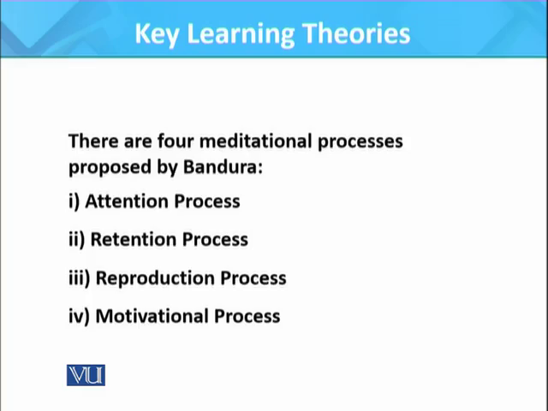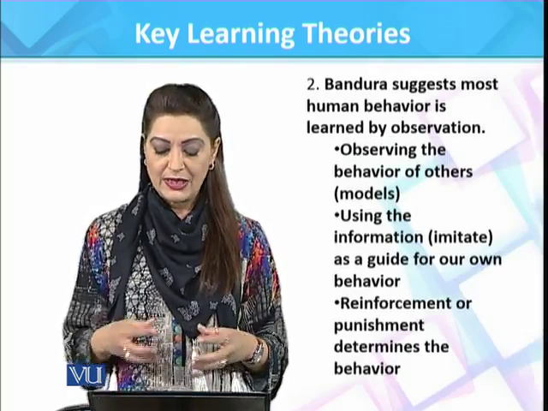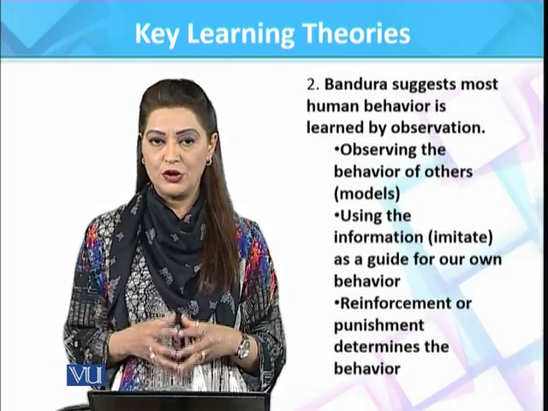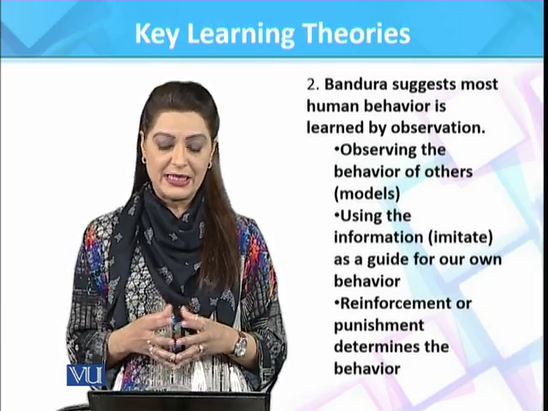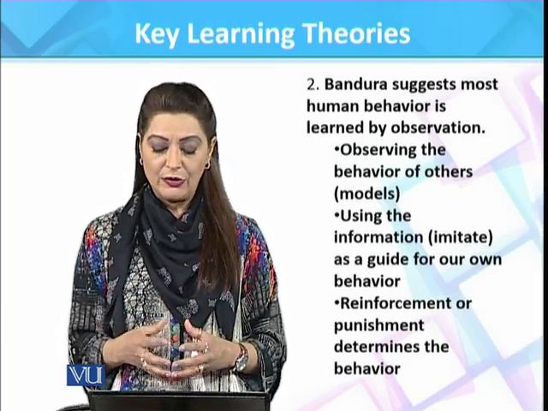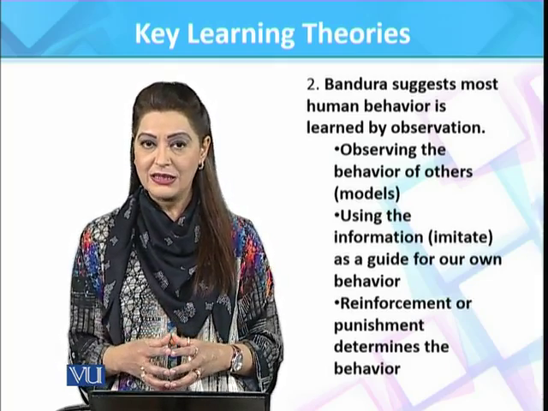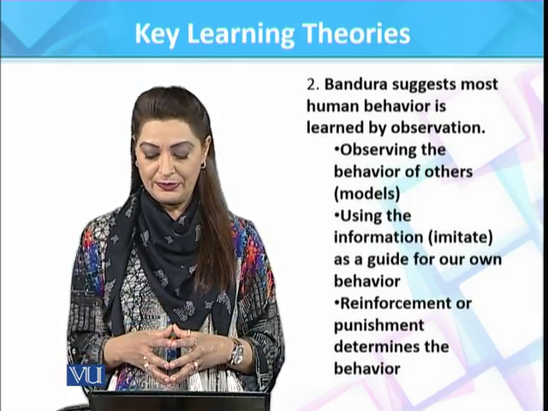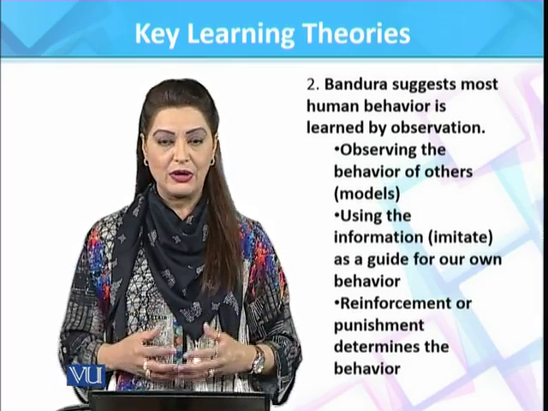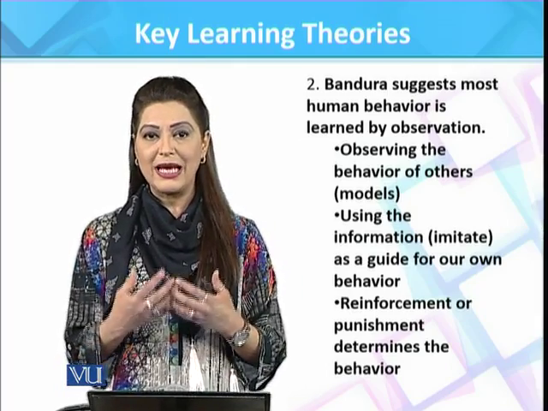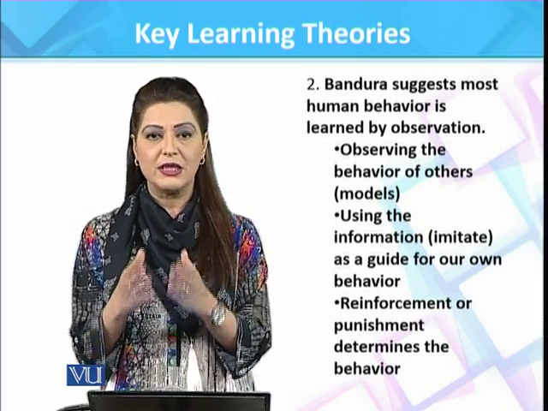Bandura suggests most human behavior is learned by observation, observing the behavior of others, which means models. So models are to be observed for imitating and to be adopted as excellent behavior, using the information as a guide for our own behavior, that we would like to have or demonstrate, similar to the behavior that we observe in our models.